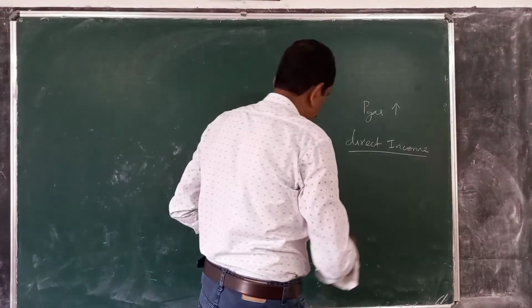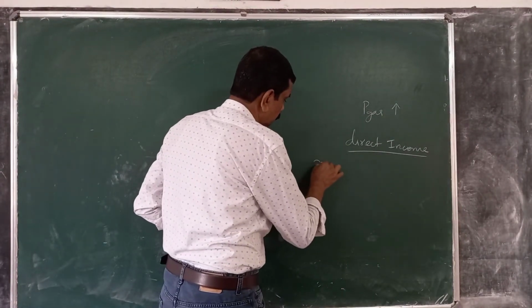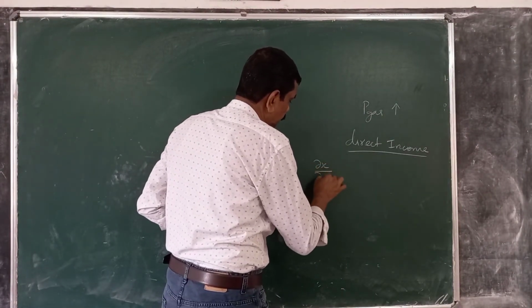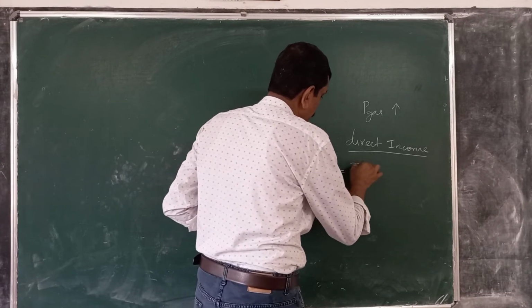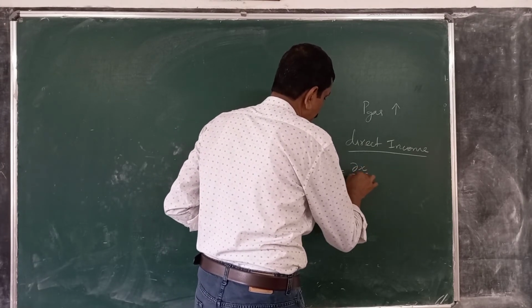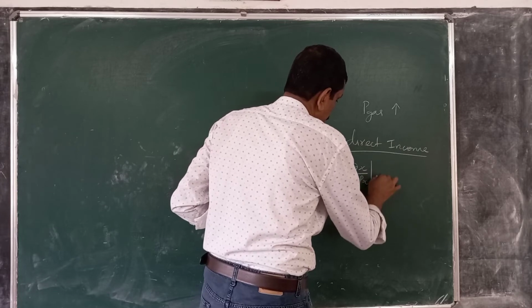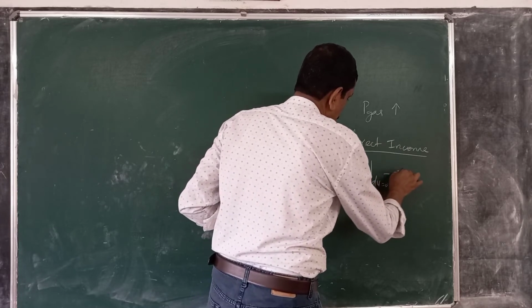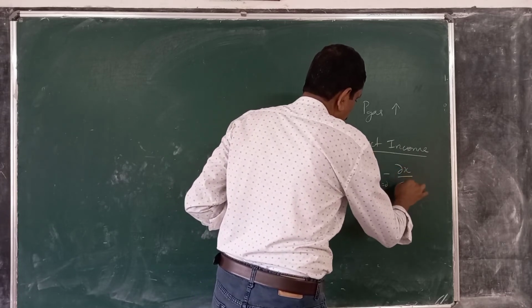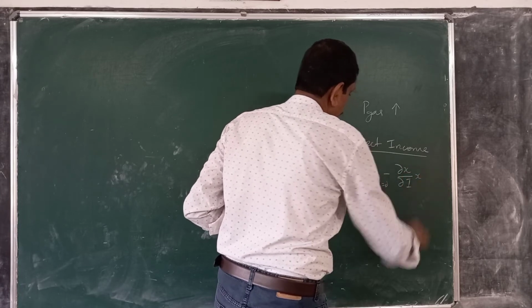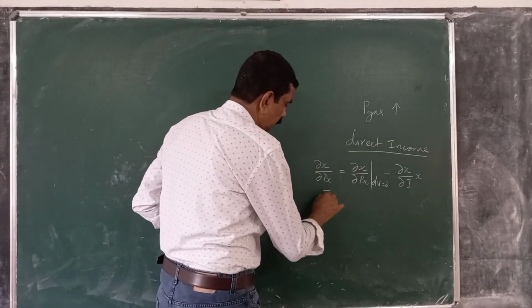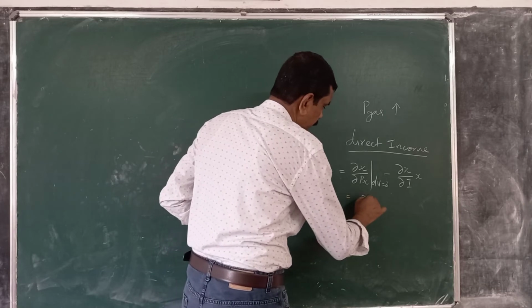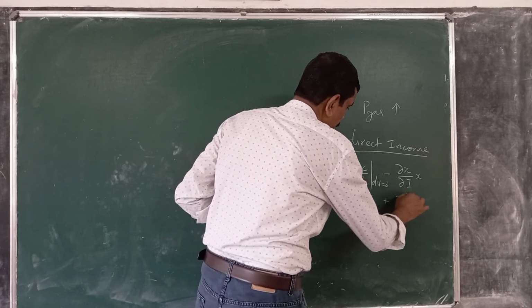Remember this, the Slutsky equation is ∂x/∂px = ∂x/∂px|U=0 − ∂x/∂I · x. So the total effect is equal to substitution effect plus income effect.